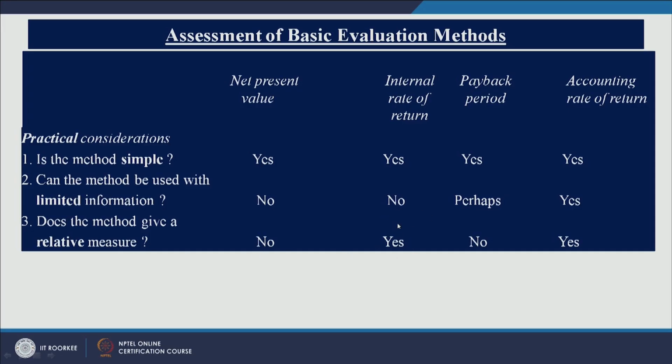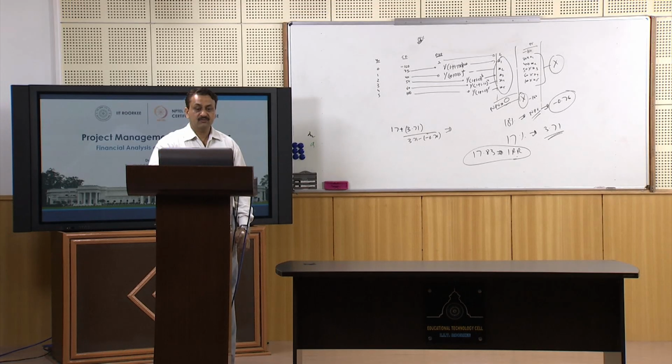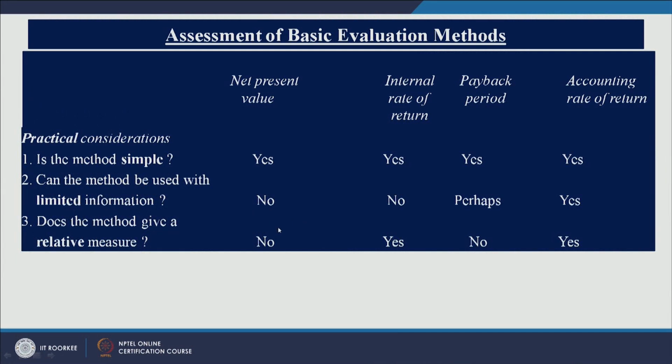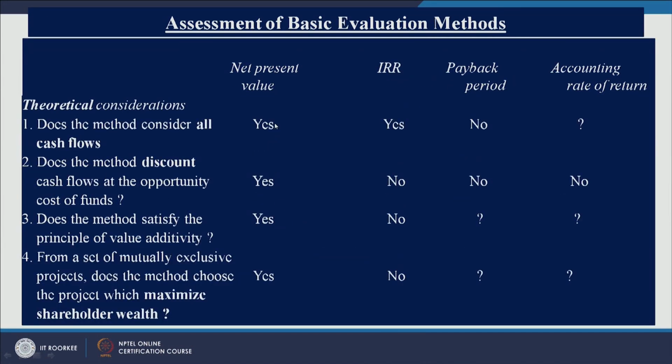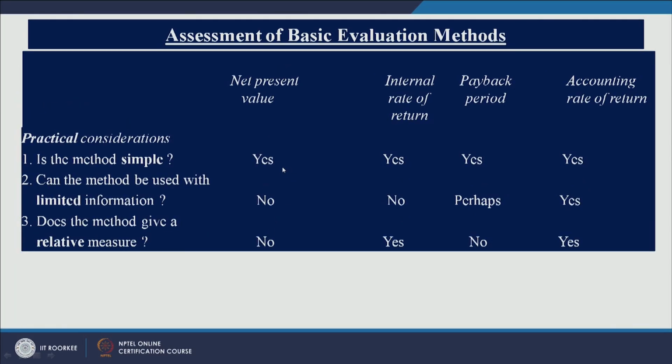Only IRR and accounting rate of return, these two methods give a relative measure, right. If you look at all these 7 criteria, 4 of these and 3 of these, NPV has got yes in 5 criteria, right. So, we will say NPV is the best amongst these.